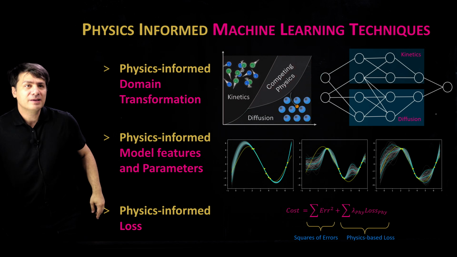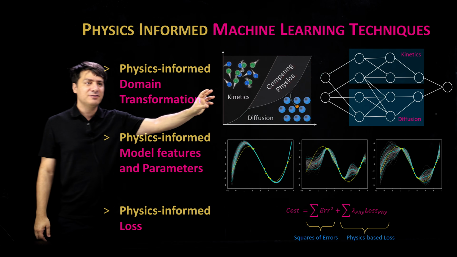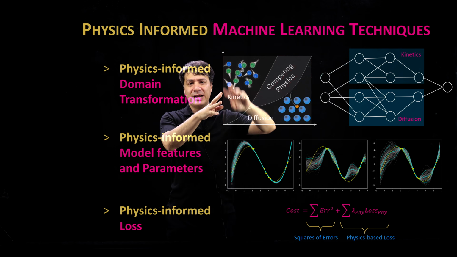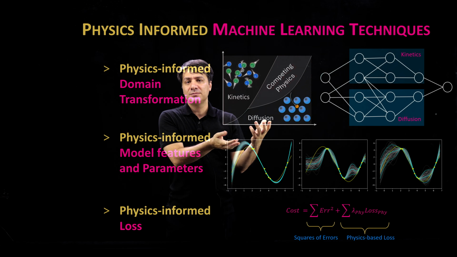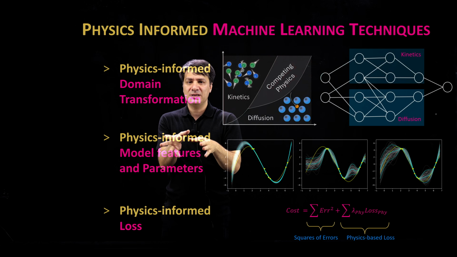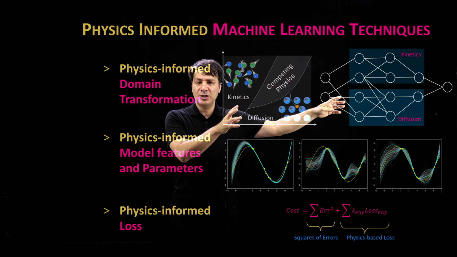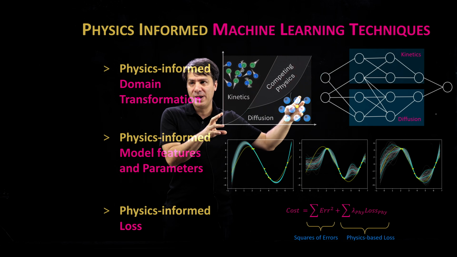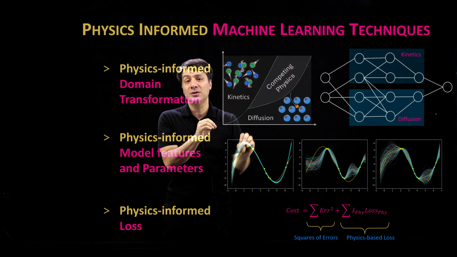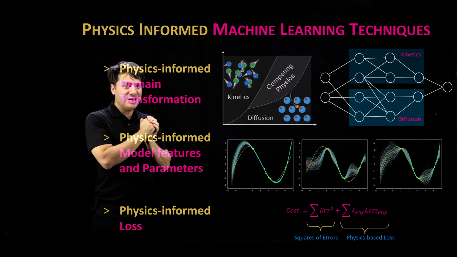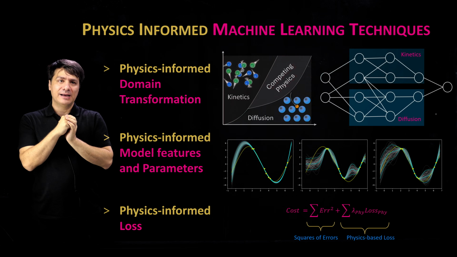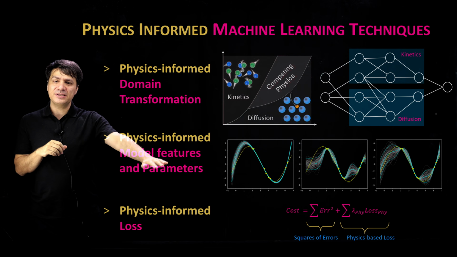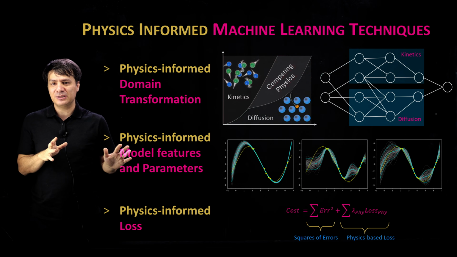Basically, if there are competing physics in your problem, can you take the initial inputs and outputs and transform them based on the underlying physics, and then do the training of the machine learning in that transformed domain, because the transformed domain implies some correlations that you already know. That's one of the most effective approaches, as you will see, and we're going to use that in a couple of examples.